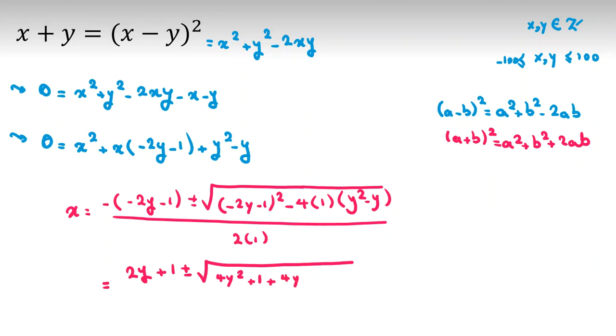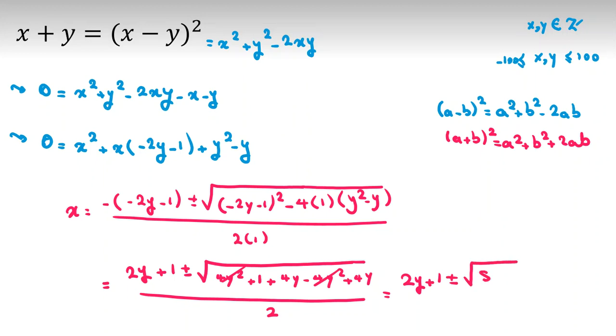Now, negative 4 times y squared is negative 4y squared, and negative 4 times negative y will be 4y, all over 2. And it will be 2y plus 1 plus or minus the square root of, the negative 4y squared will be cancelled, 8y plus 1, all over 2.